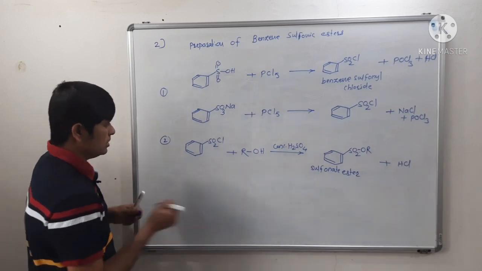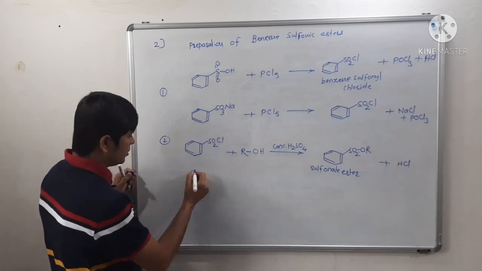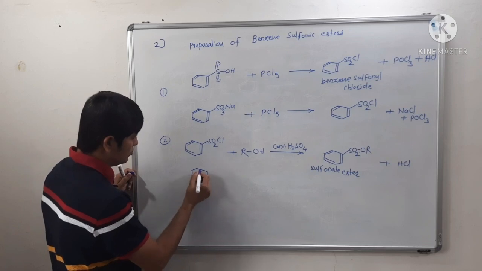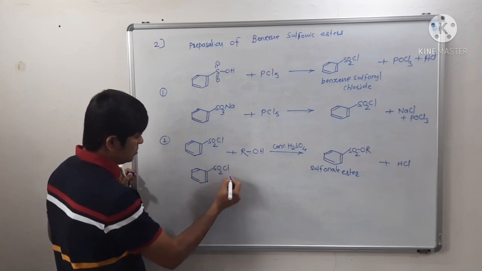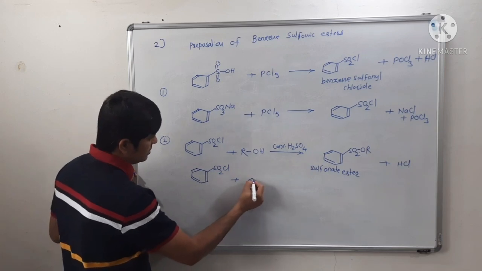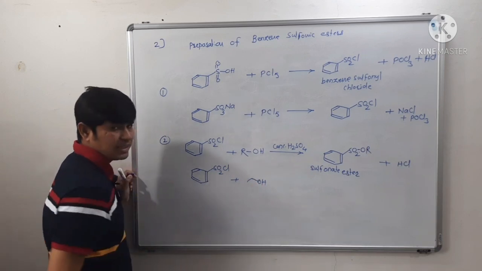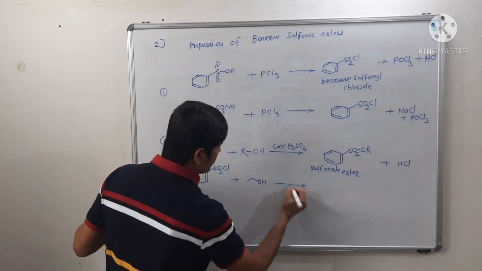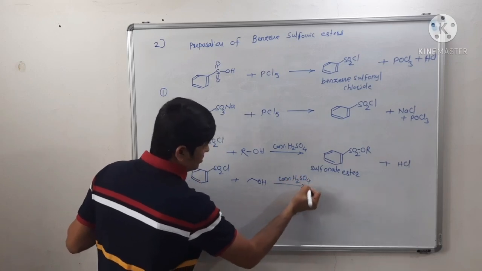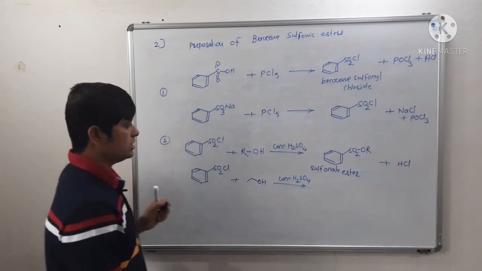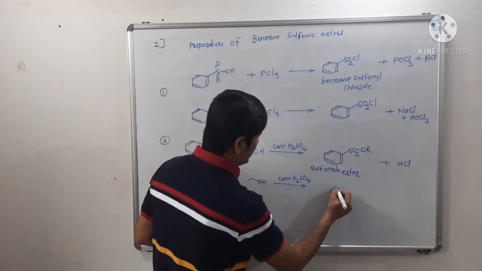Suppose we have reacted benzene sulfonyl chloride with ethanol, ethyl alcohol, in presence of concentrated sulfuric acid, then what will we get?